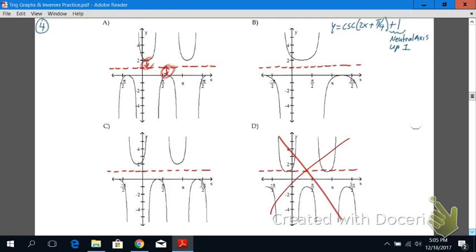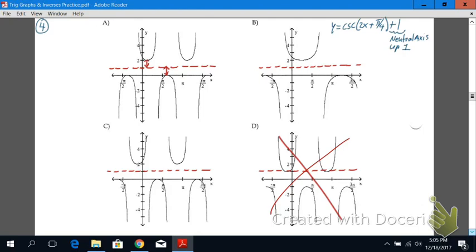So really, without hardly doing a lick of work, we can eliminate D. The next thing I like to look at is a vertical stretch, which this one doesn't have. It's just going to be up 1 unit from the neutral axis, down 1 unit from the neutral axis. So that doesn't help me.